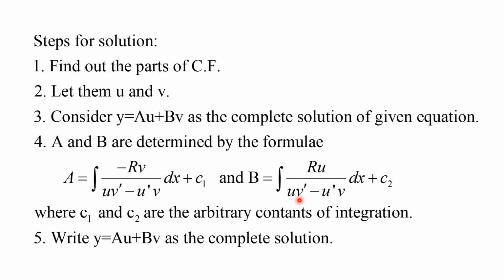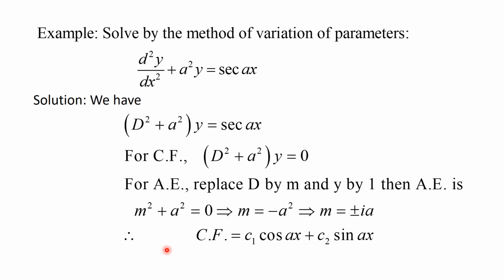Here v dash means differentiation of v, u dash means differentiation of u, c1 and c2 are the arbitrary constants of integration. In the next step, write y is equals to au plus bv as the complete solution.